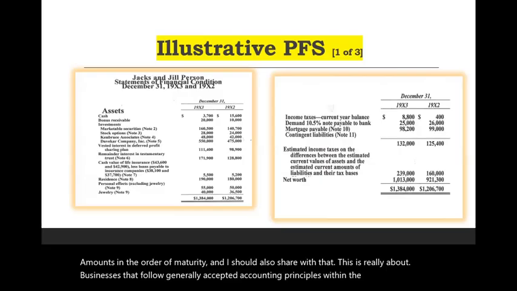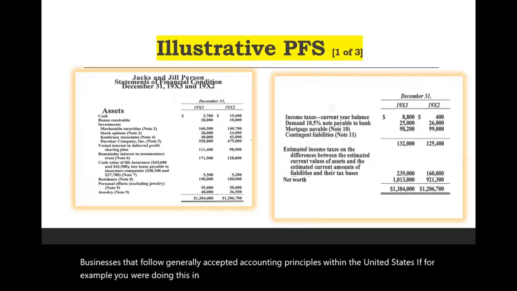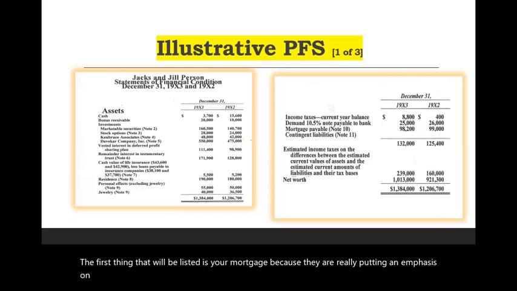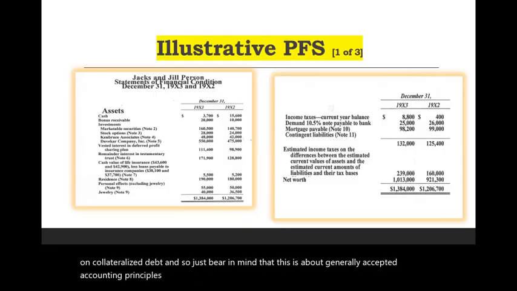If, for example, you are doing this in the Bahamas, the first thing that will be listed is your mortgage, because they put an emphasis on collateralized debt. So just bear in mind that this is about generally accepted accounting principles, and in some places it may be different.